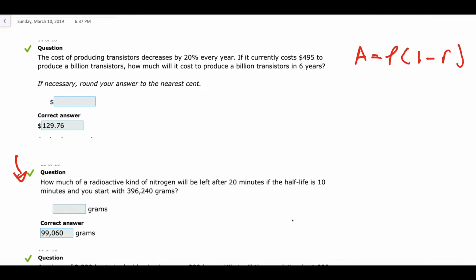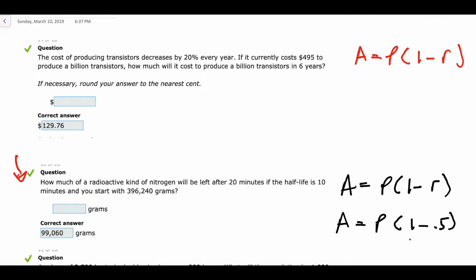All right, so we have this formula right here. How would we put a 50% decrease in this formula? 1 minus 0.5. So A is equal to P times 1 minus 0.5. And which of these numbers represents what we're starting out with? P. Good.